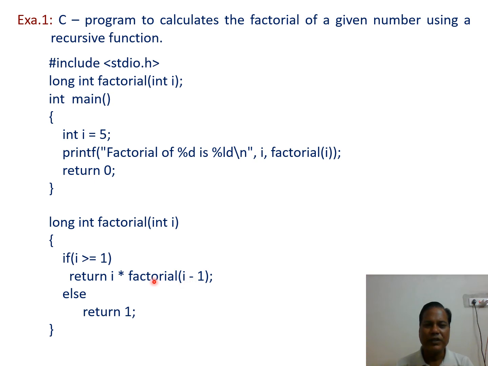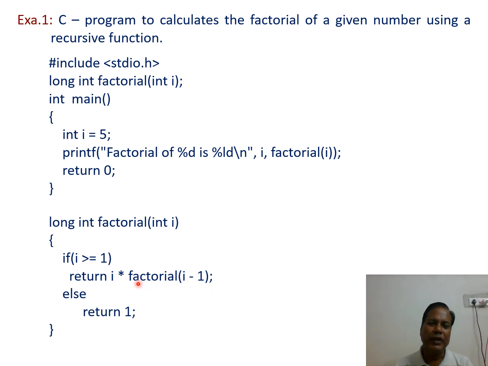So when the function is called, again the condition is tested inside the body of this function. This time it is going to be 4 greater than or equal to 1. Then 5 into, this time it is going to be 5 into 4 into. Then the function is again called.